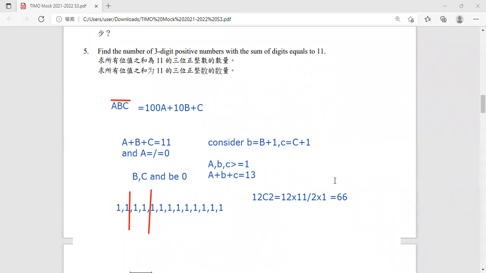Please bear in mind that if you have a 0, the C method cannot be used. You have to make it at least 1.